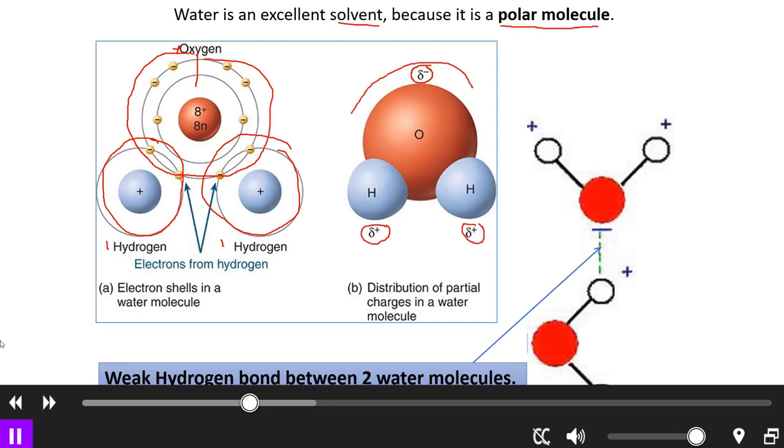So overall the water molecule is polar. It has one part which is negative and 2 parts which are positive, so it has opposite poles.